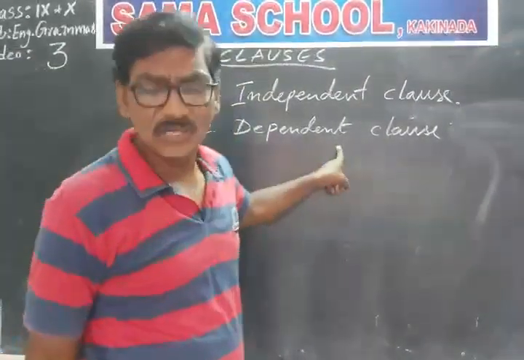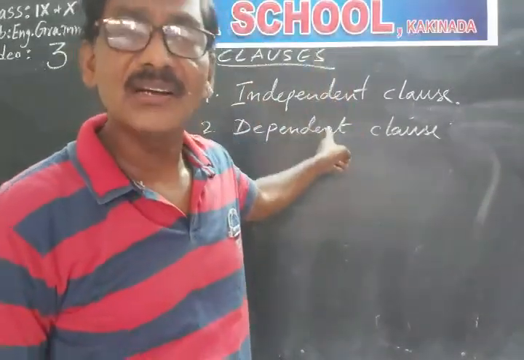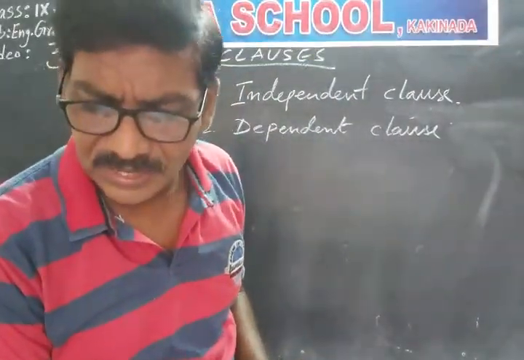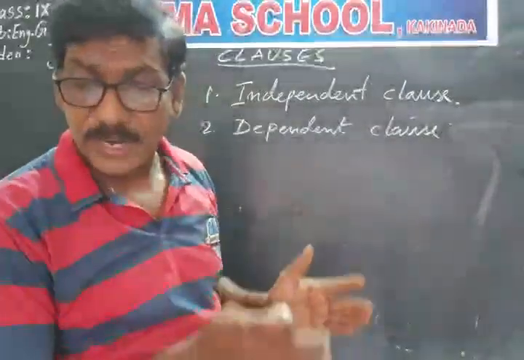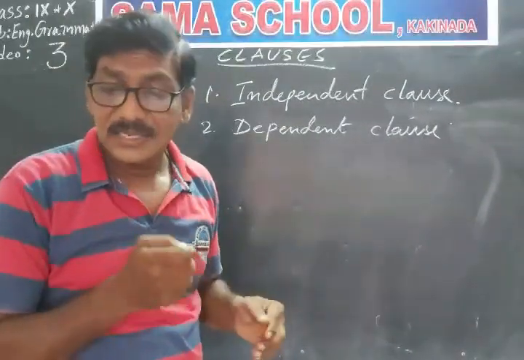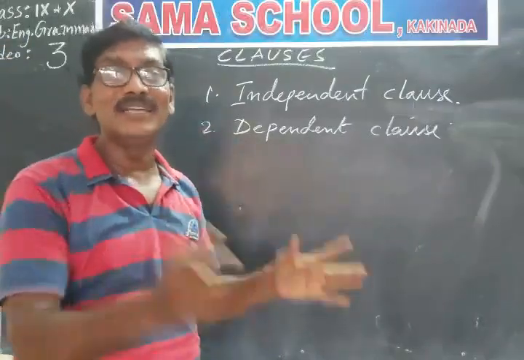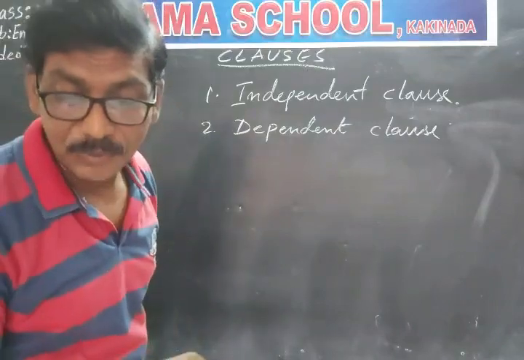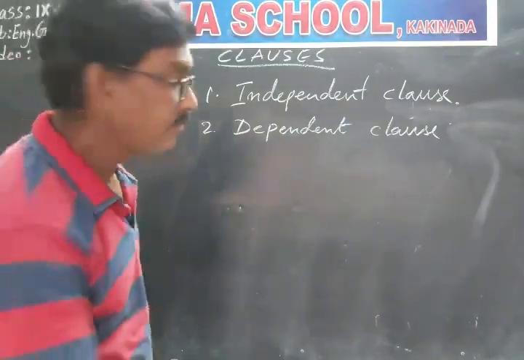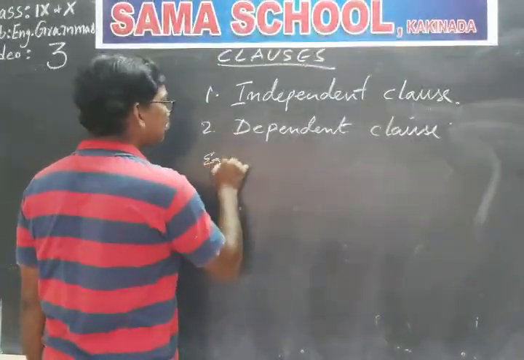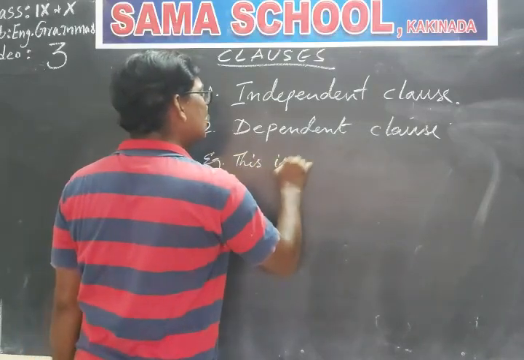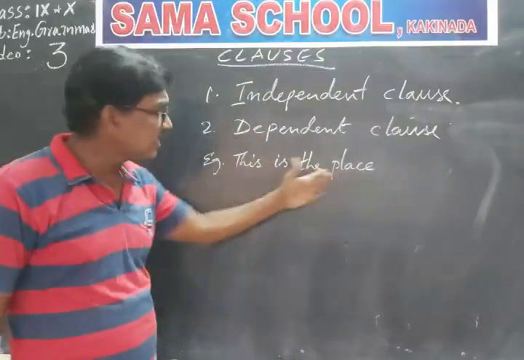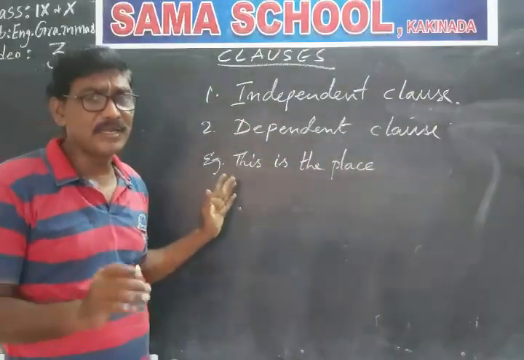But a dependent clause is not like that. A dependent clause is a supporting part of the sentence, and it cannot stand by itself as its meaning is incomplete. For example, I write here: This is the place. Now this is a sentence, it gives some meaning.